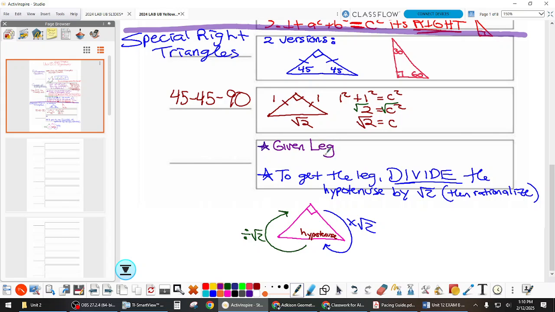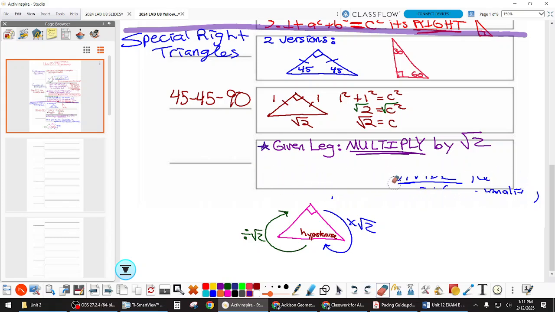If we're given a leg, this thing needs to be replaced. Right, multiply by root 2 to get hypotenuse.